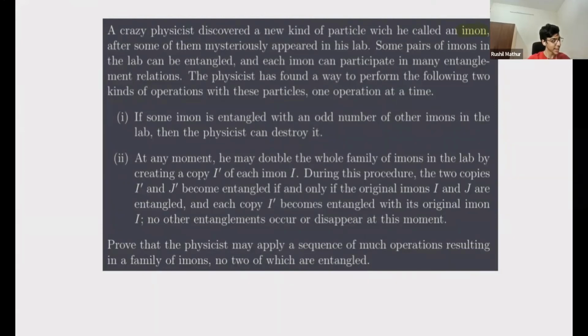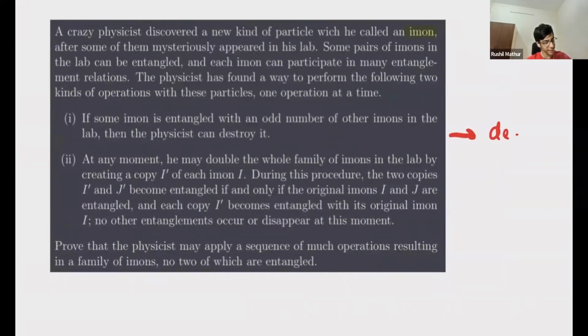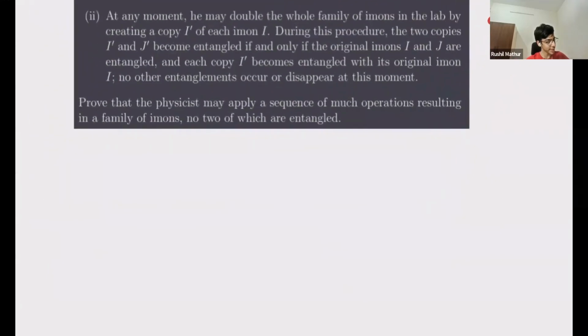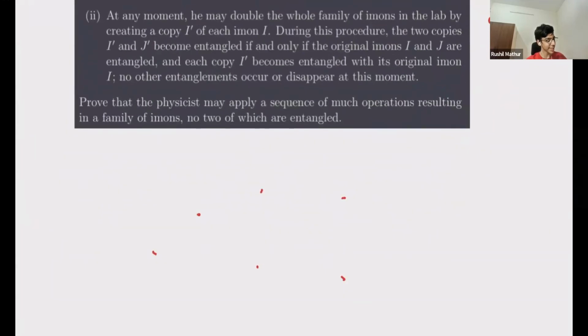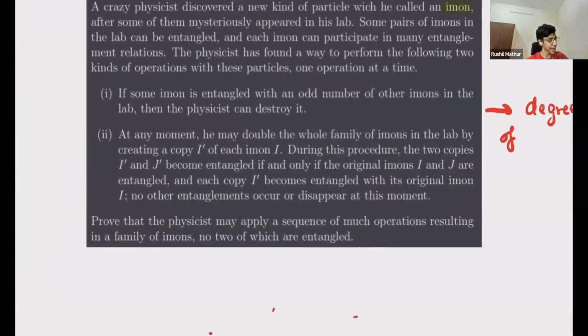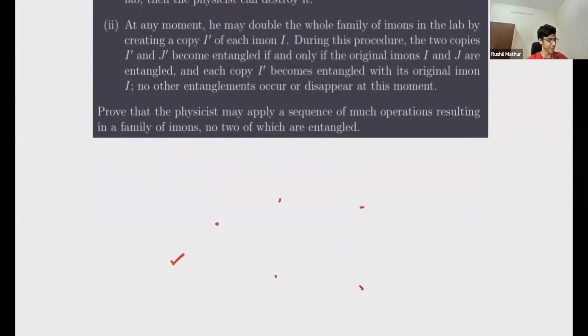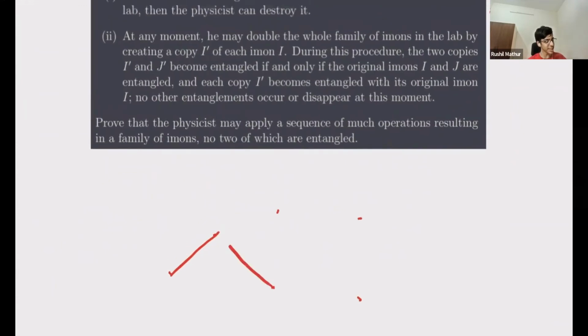Okay, so essentially, what you're saying is that one step is basically if the degree of a certain vertex... okay. First of all, we're starting by calling these imines vertices. And then there are these entanglement relations, which basically means an edge for us, right? So if two imines are entangled, we join them by an edge.